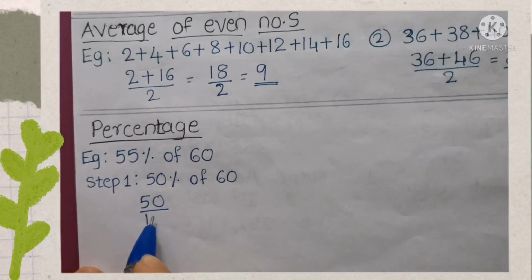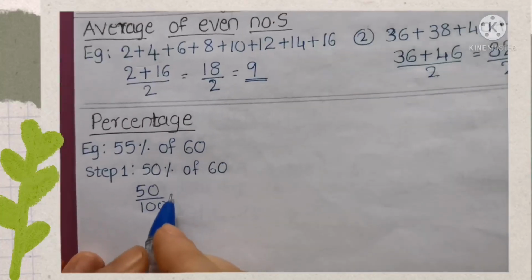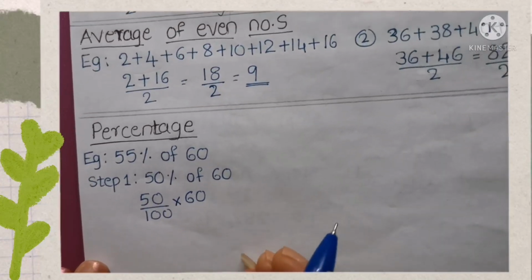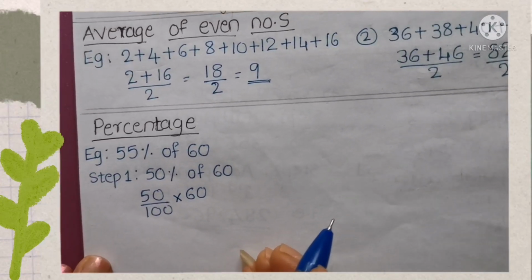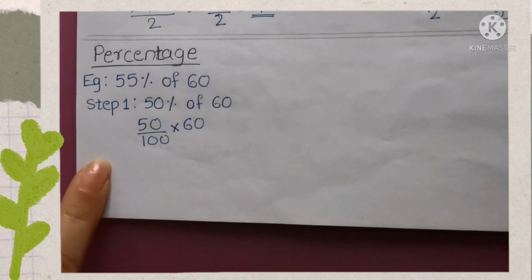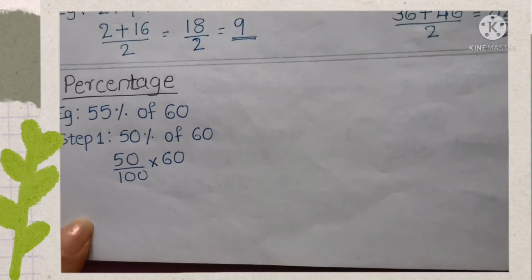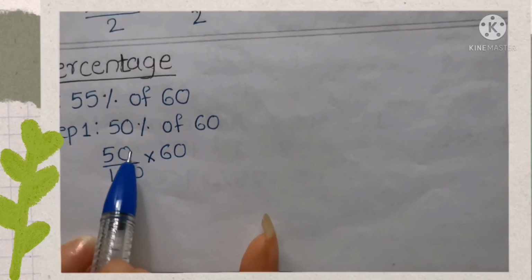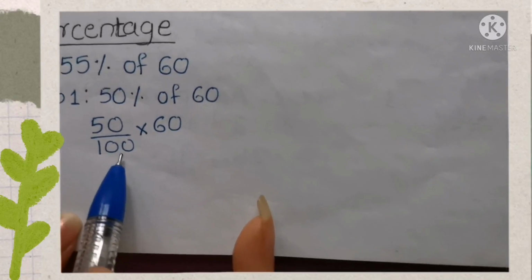To find 50% of 60, we write 50 upon 100 into 60. 50% means 50 out of 100.